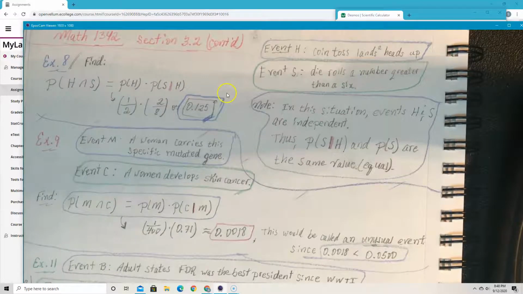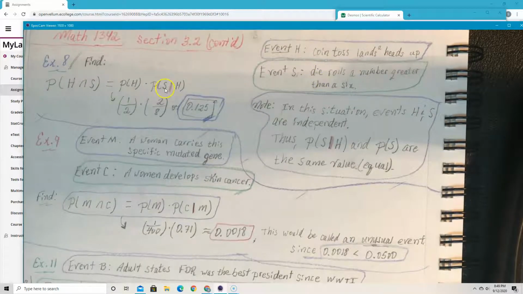Well, knowing that the coin landed heads up on the first event, does that have any impact on the second event, in this case, the die landing greater than a 6? Whatever happens when you roll this die is not influenced by this first event occurring. So these are independent events.